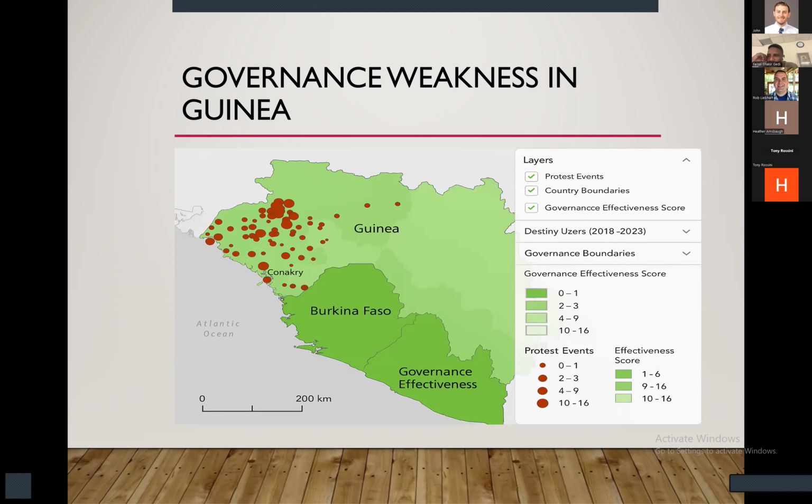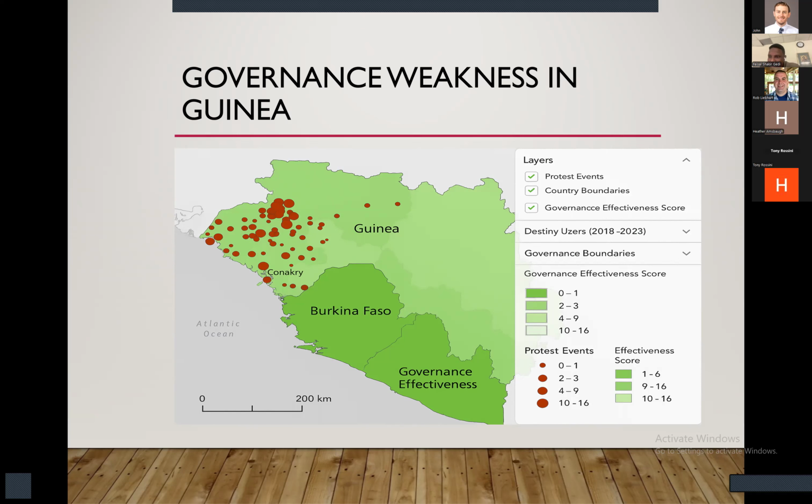As seen, much of Guinea falls within the lower effectiveness range, 0 to 0.4, especially in northern and central zones. The red circles show protest event locations and intensity, with larger circles representing more frequent or intense unrest. These protest clusters align spatially with areas exhibiting lower governance scores, particularly around Conakry and the surrounding regions.